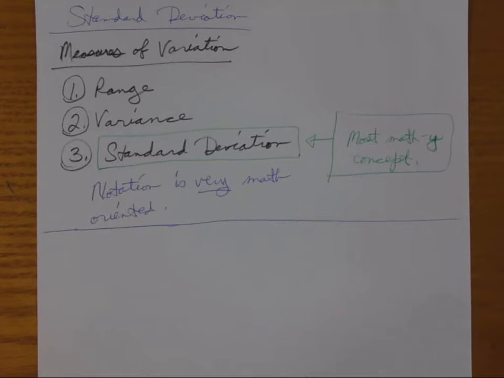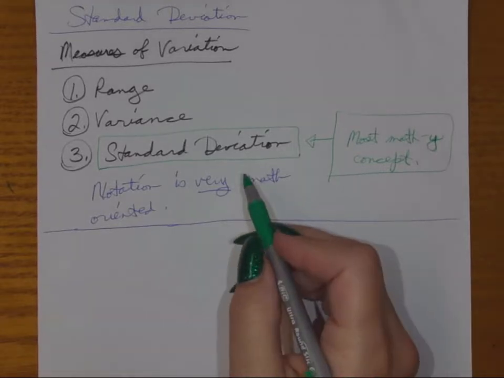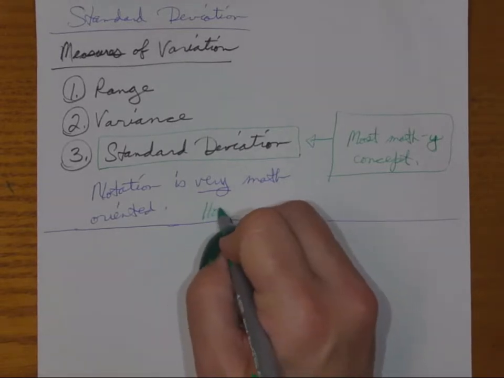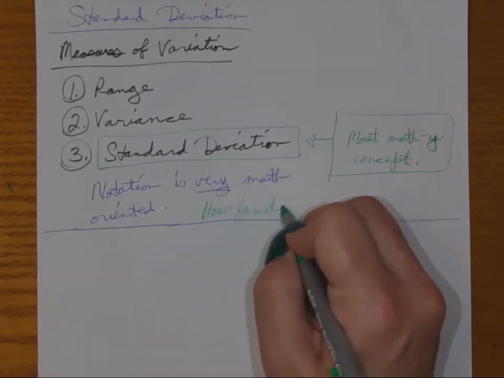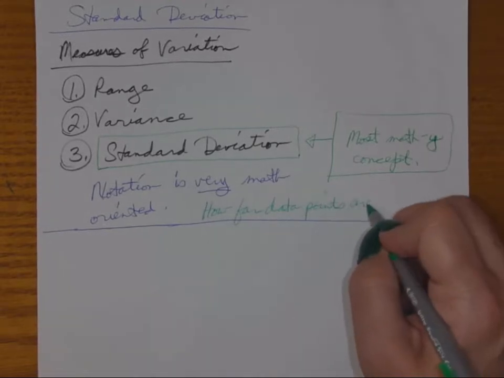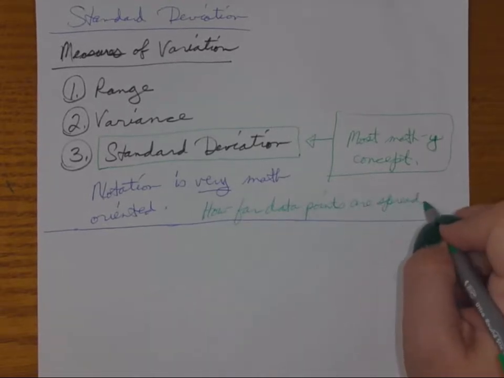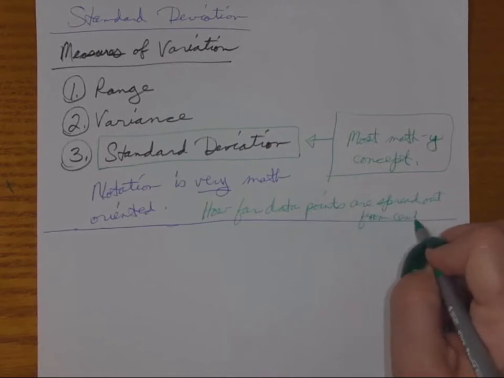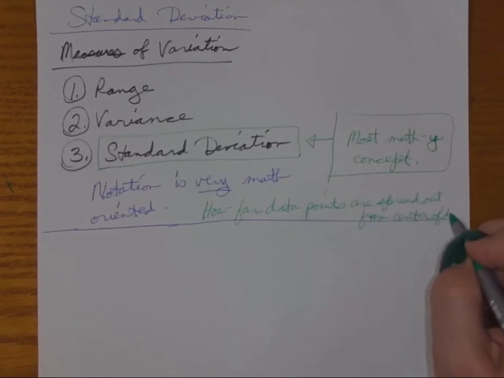So basically, let me give you an idea real quickly about it first. Standard deviation is how far data points are spread out from the center. That's the center of the data, right?